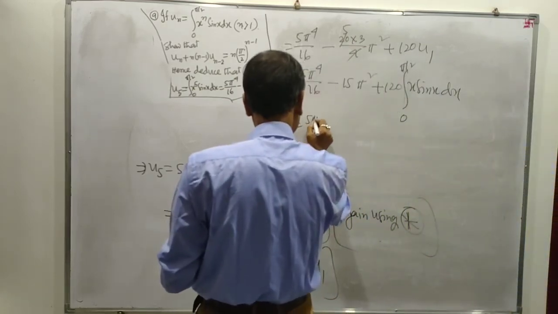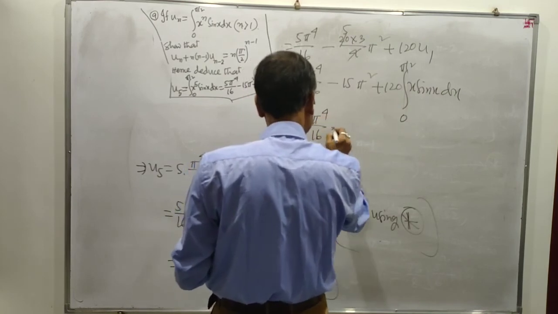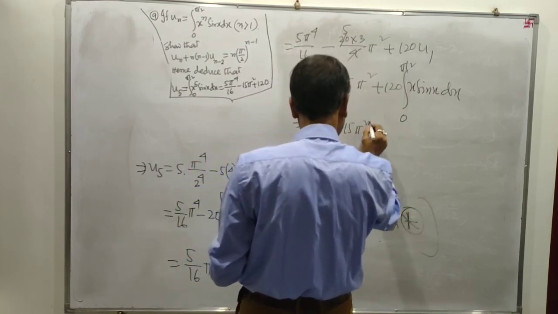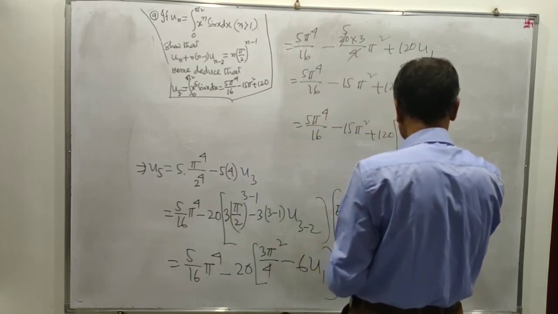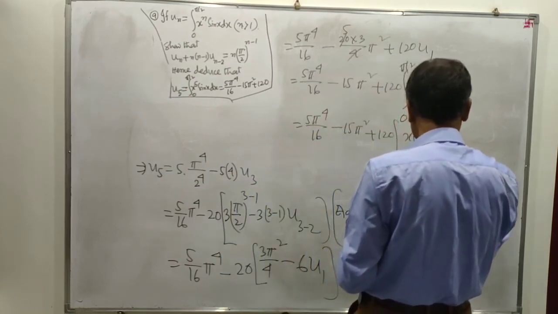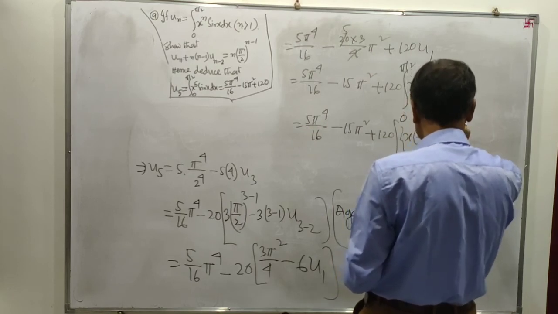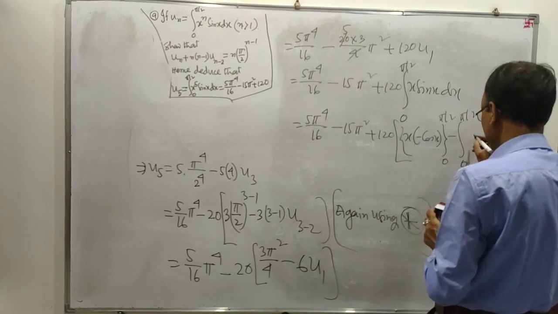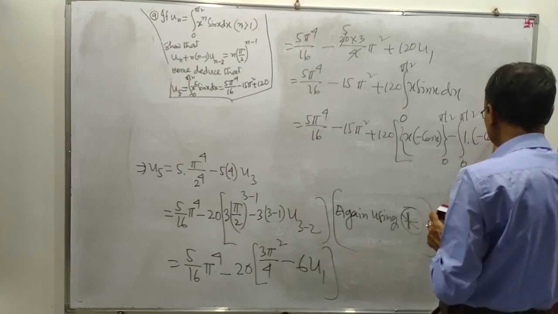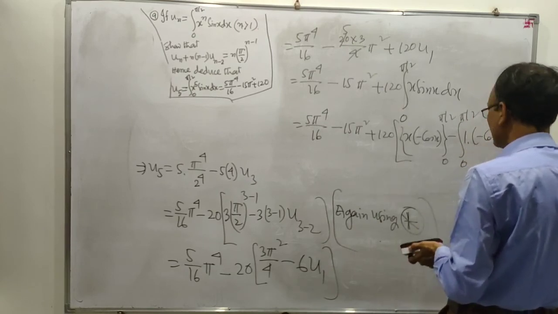This is equal to 5 pi to the power 4 by 16 minus 15 pi square plus 120, first function x, the integration of the second function minus cos x, minus integration 0 to pi by 2, differentiation of this, integration of this. You may write like this.